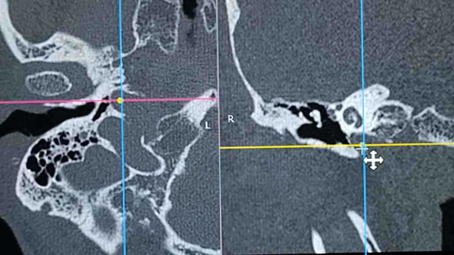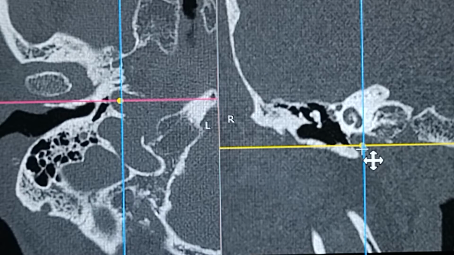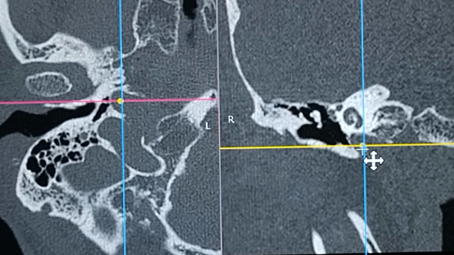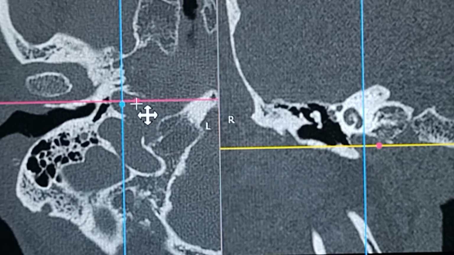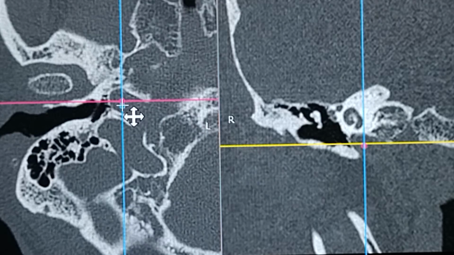Now, this is a short vertical segment. The moment it enters the skull base through the carotid canal, and after a while, it's going to take a turn, which we call the first genu, and take a horizontal course in the petrous part of the temporal bone.